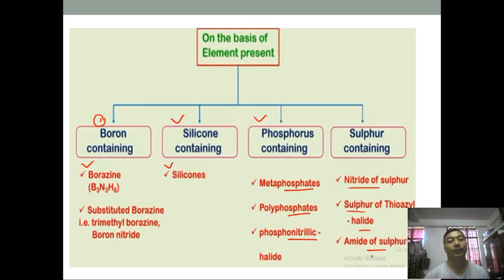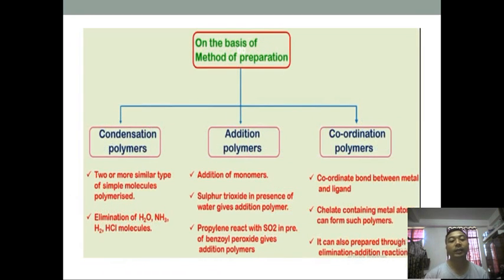On the basis of preparation, they are divided into three types: condensation polymers, addition polymers, and coordination polymers. Condensation polymers, right, form when two or more similar simple molecules polymerize. In this type, elimination of water, ammonia, hydrogen, or HCl molecules takes place during preparation.